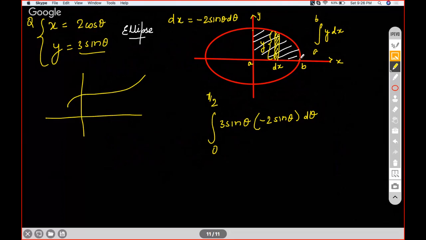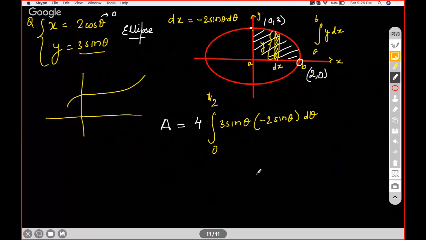See, this point coordinate is known to us. This point coordinate will be 2, 0, right? And that only comes when I put theta as 0. And this coordinate is 0, 3. That only comes when I put theta as pi by 2. So if I do this, my answer should be there in front of me.